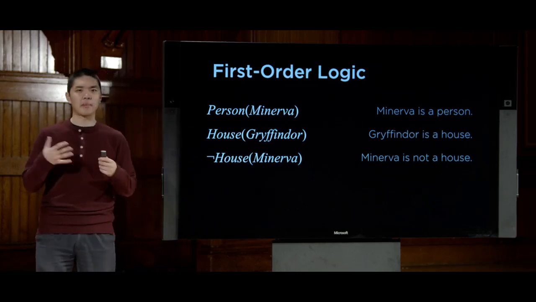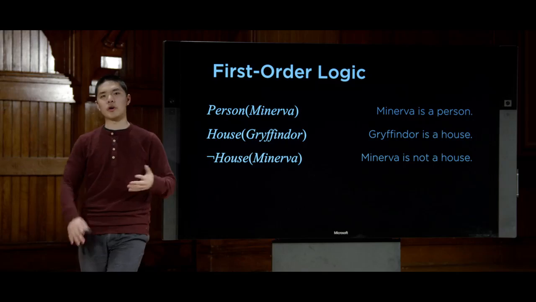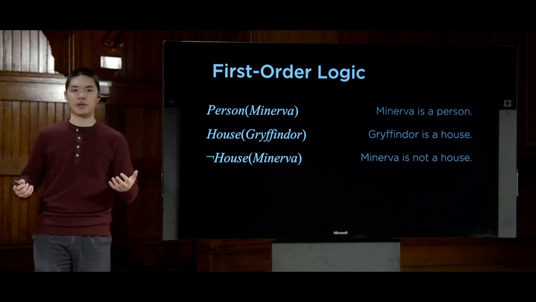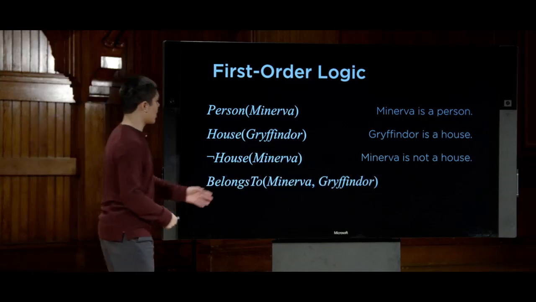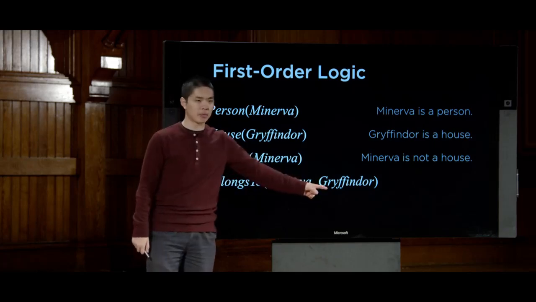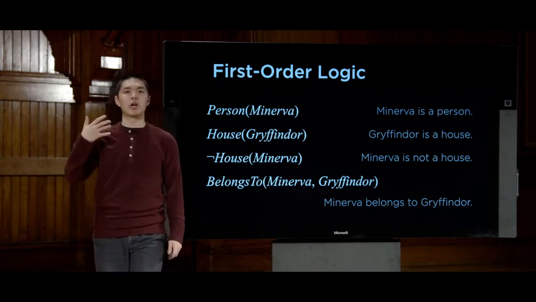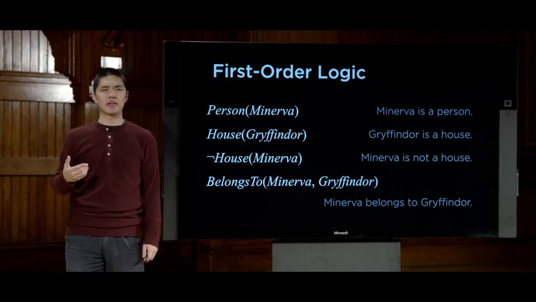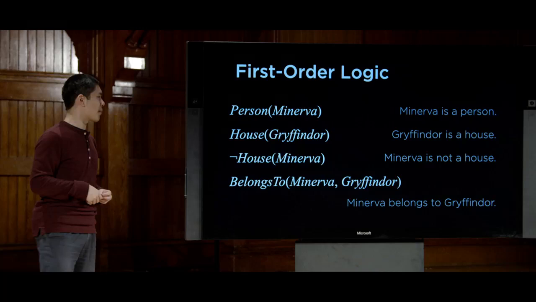Meanwhile, in addition to some of these predicate symbols that just take a single argument, some of our predicate symbols are going to express binary relations between 2 of its arguments. So I could say something like belongs to, and then 2 inputs, Minerva and Gryffindor, to express the idea that Minerva belongs to Gryffindor. And so now here's one of the key differences between this and propositional logic.